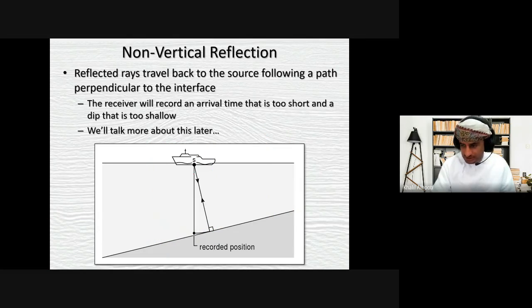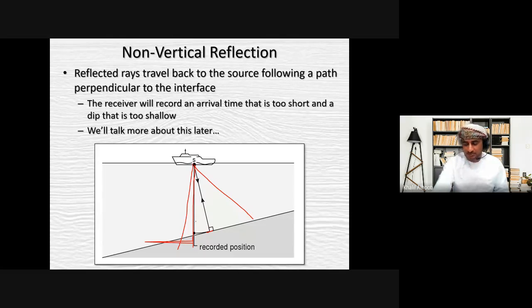What is the shortest path to this reflector? When the first arrival comes, it takes the shortest path. The shortest path to this reflector is this perpendicular line. It's not this line, it's not this line, it's exactly this line. It goes back.